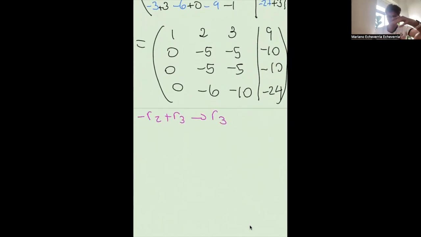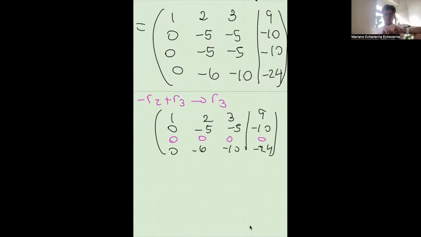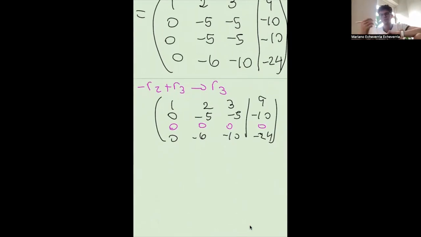That will put a bunch of zeros. 1, 2, 3, 9, 0, minus 5, minus 5, minus 10, because they're exactly the same, it will just become 0, 0, 0, 0. And then 0, minus 6, minus 10, minus 24. Okay. So once you have two repeated rows, you can immediately make one 0. They represent the same equation, so you are recounting it.